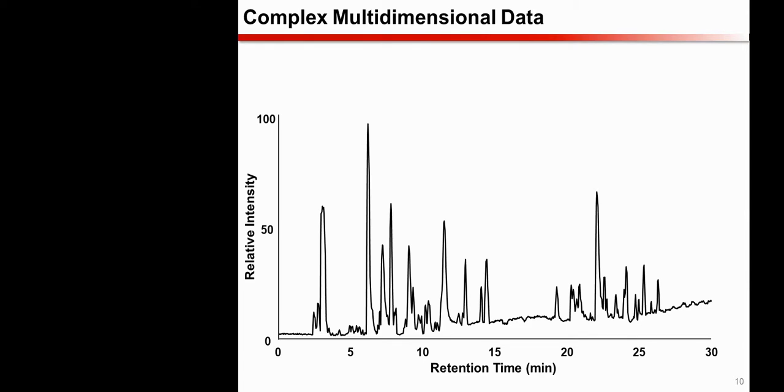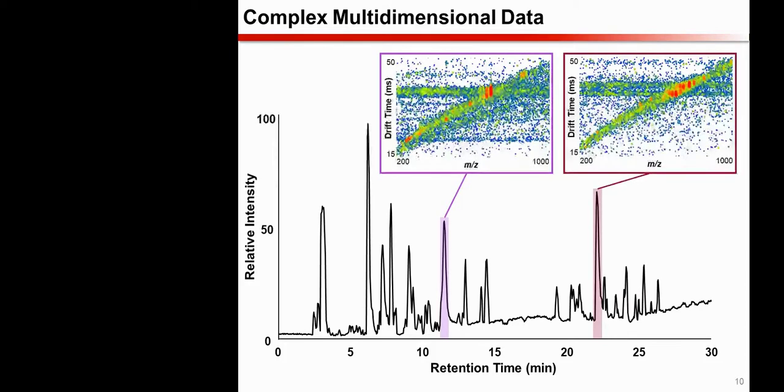And so we have a base peak chromatogram, which actually looks pretty clean compared to a lot of our lipid samples. And if we want to take a closer look at two of the peaks here, we can see the abundance maps, which show the drift time versus M/Z, with the abundance being shown as a heat map, where red is going to be our most abundant, and then blue is just going to be essentially noise.